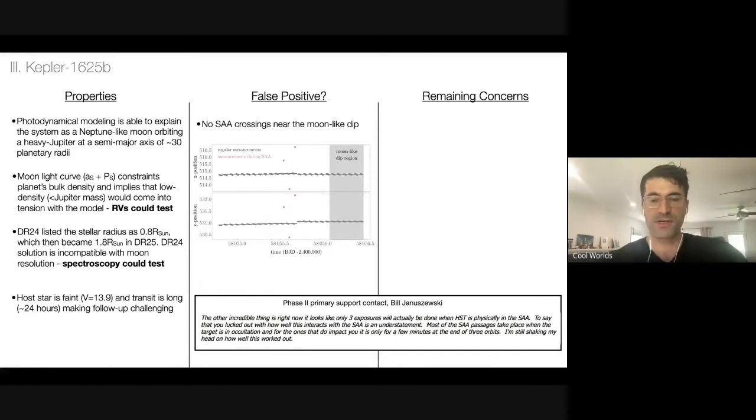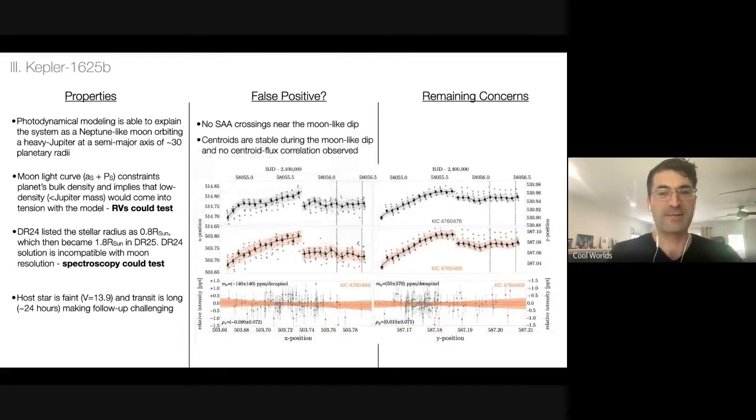We had an anomalously few number of South Atlantic anomaly crossings. He says here, to say that you lucked out with how well this interacts with SAA is an understatement. So we have one of the most pristine Hubble time series you could ask for in terms of being corrupted by that effect. So that makes me think this is unlikely.